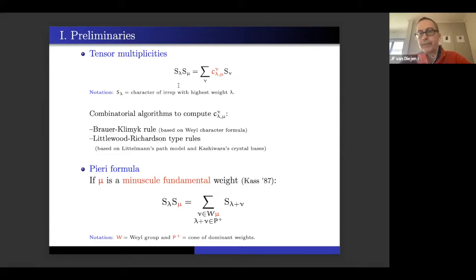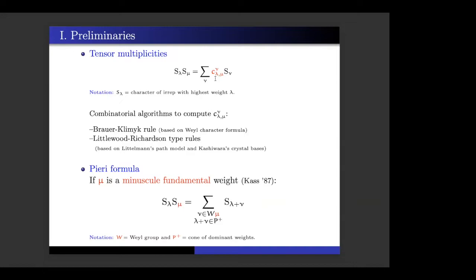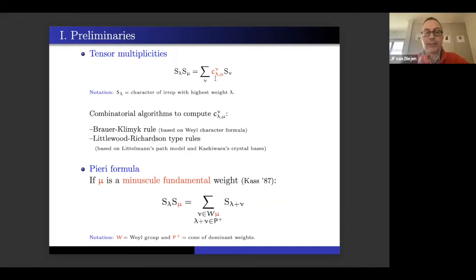Well, another famous way to compute these coefficients is the Littlewood-Richardson rule. That would be for SL_n, and then there are generalizations to other types of simple Lie algebras, and those formulas are again combinatorial algorithms that, given lambda, mu, and nu, tell you how to compute these coefficients.